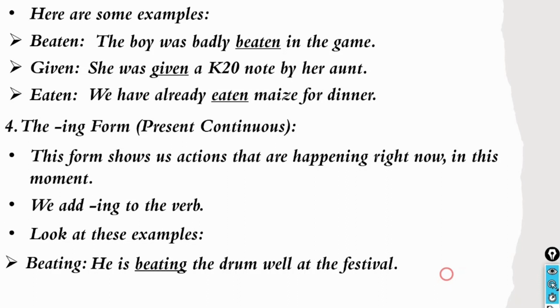Meaning when you are reporting to your friend, the action also is happening at that very moment. So that's when you say, he is singing very well today. As you are telling your friend, the singing is also happening at the moment you are reporting. So, beating: he is beating the drum well at the festival.